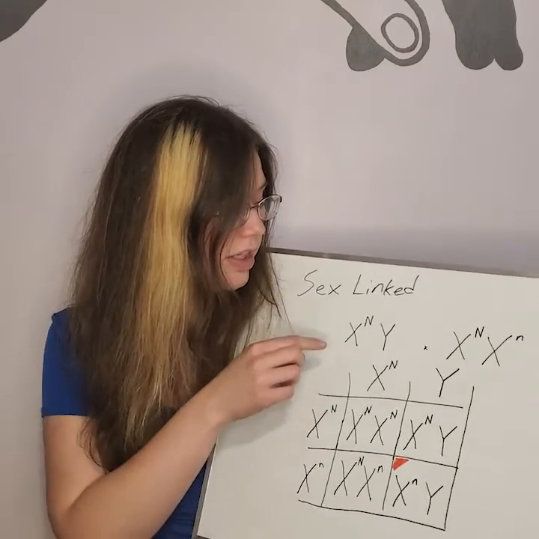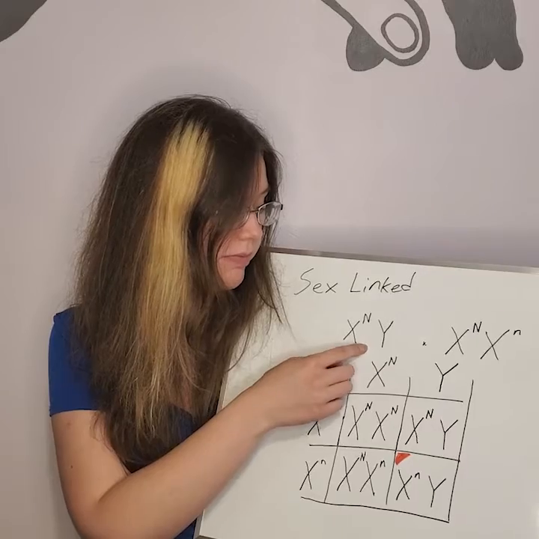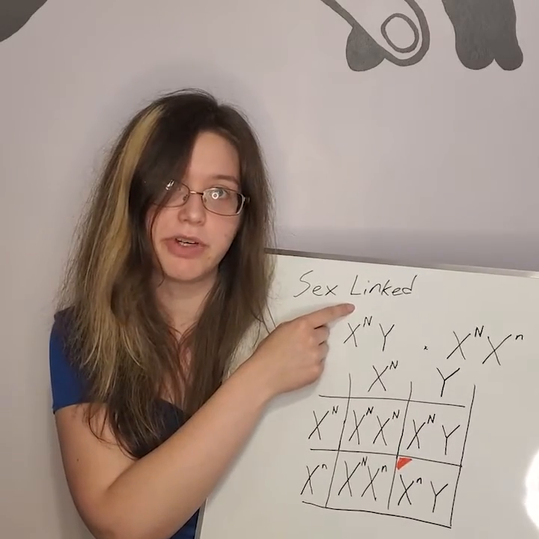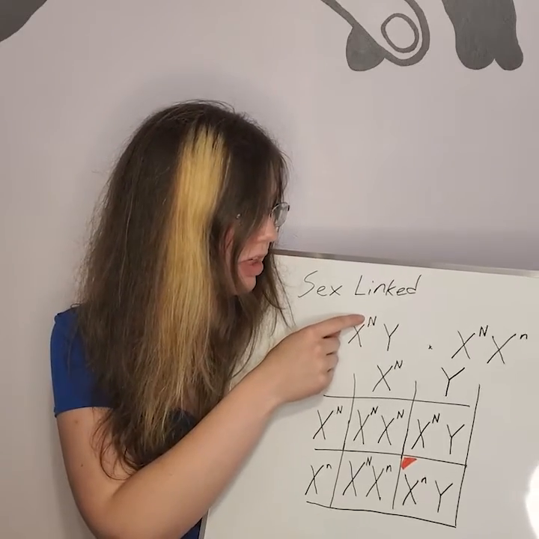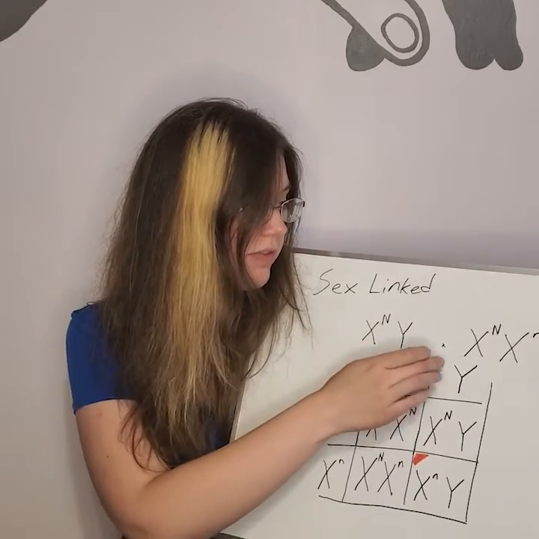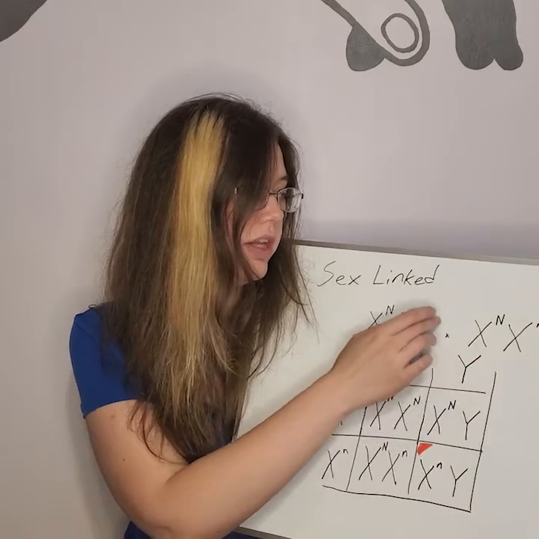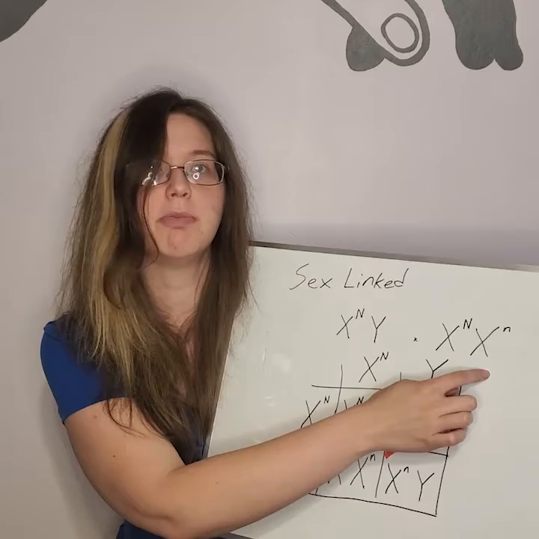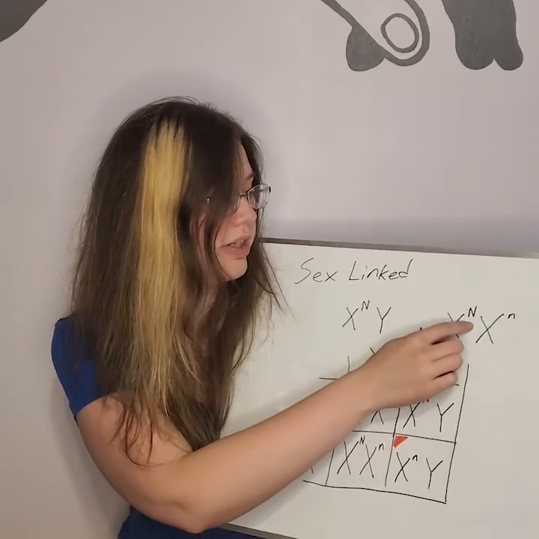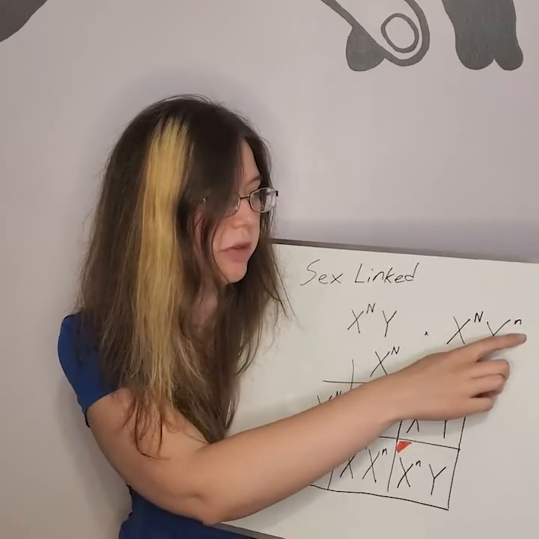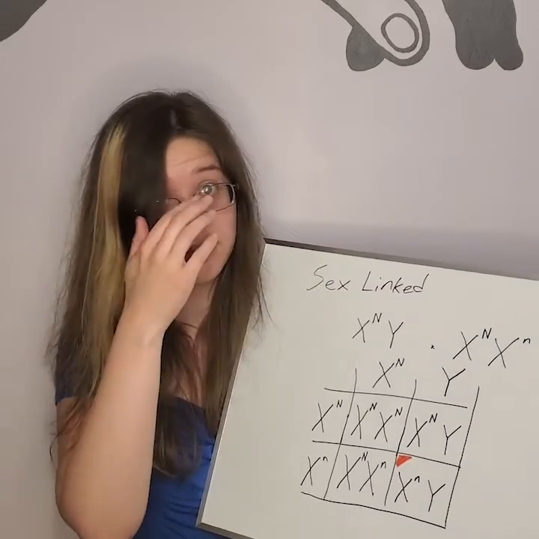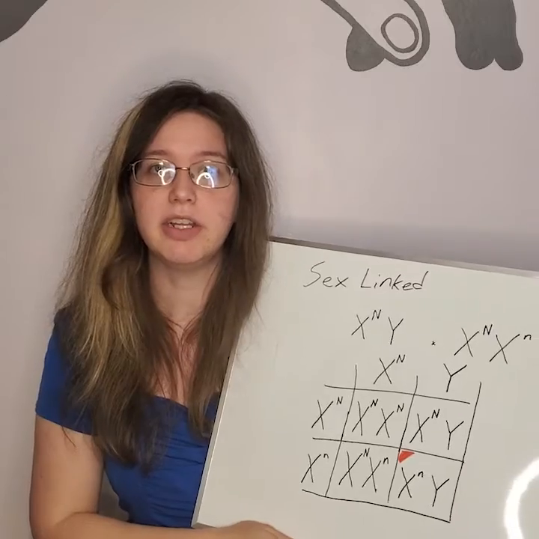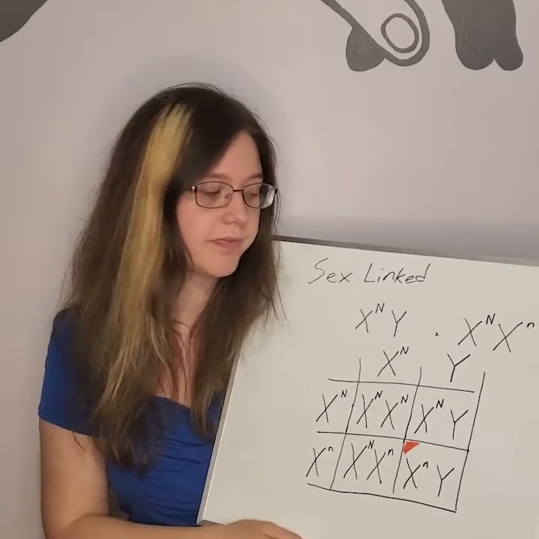So we have this normal color vision male with the X chromosome, and then we write it in superscript here for the normal color vision, and then the Y for the male. And then the normal color vision female, that is a carrier for the color blindness allele. So she's got one normal allele and one recessive color blindness allele. But because Mendelian genetics is still in play, that dominant allele is going to be expressed.